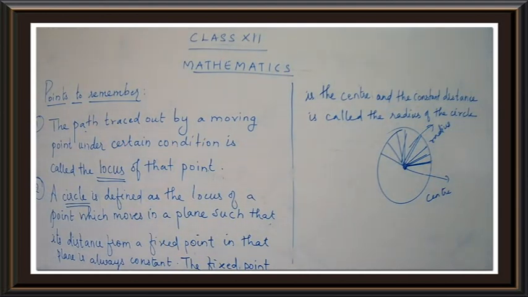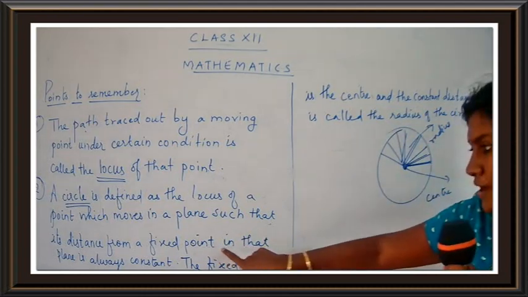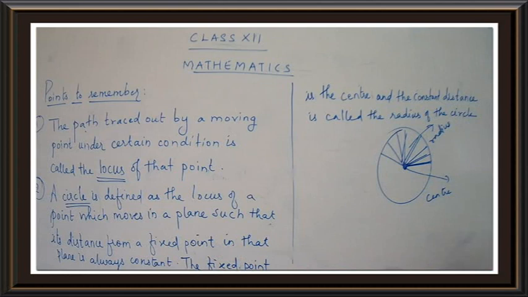Okay, children, have you taken down the definition for circle? A circle is defined as a locus of a point which moves in a plane, such that its distance from a fixed point in that plane is always constant.